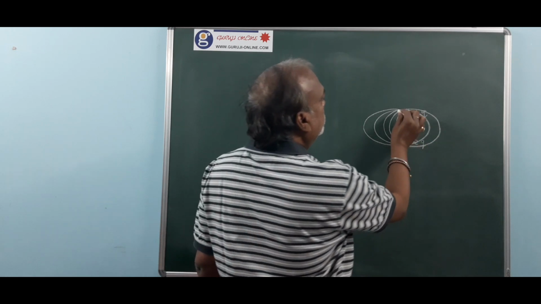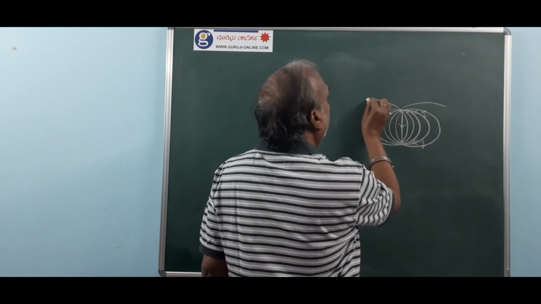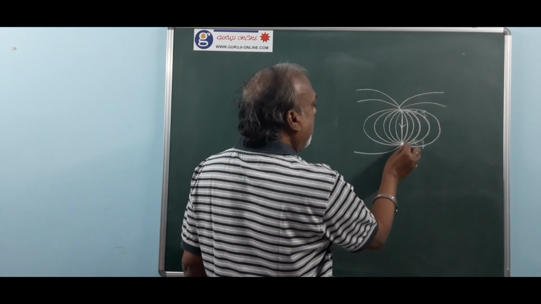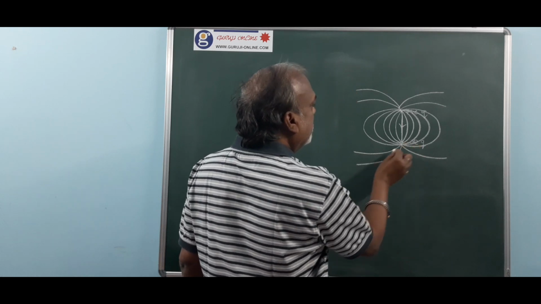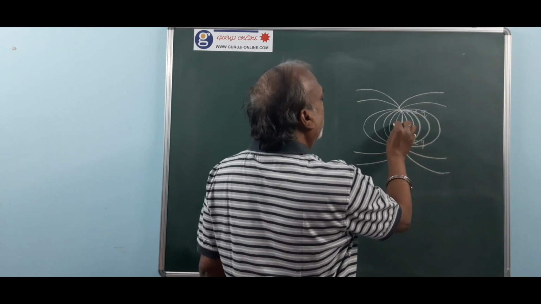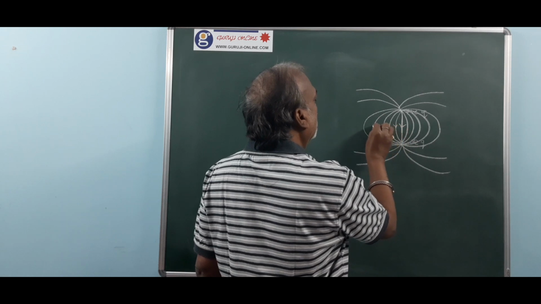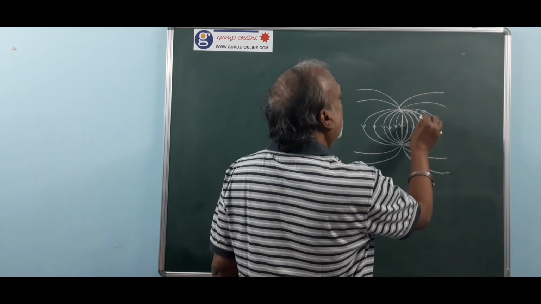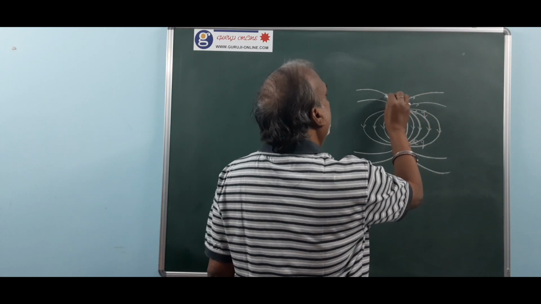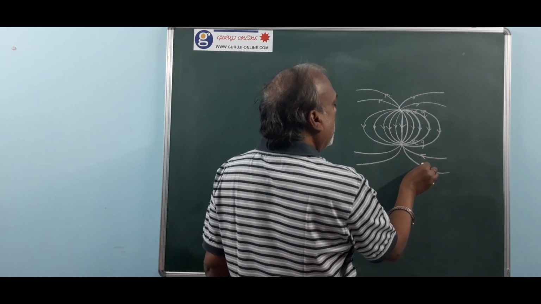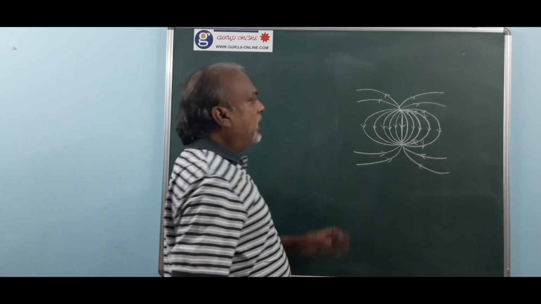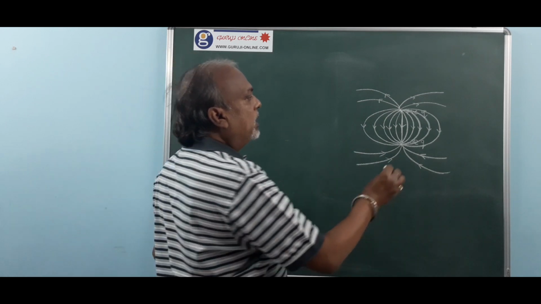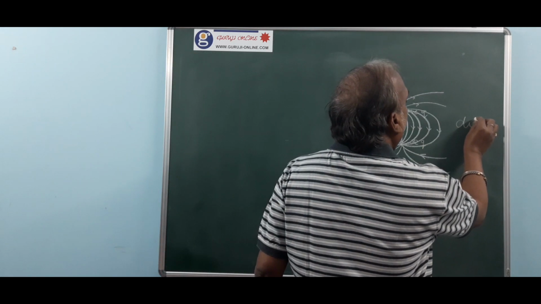Correct? So this is how the electric field looks between two unlike charges. This is basically called a dipole.